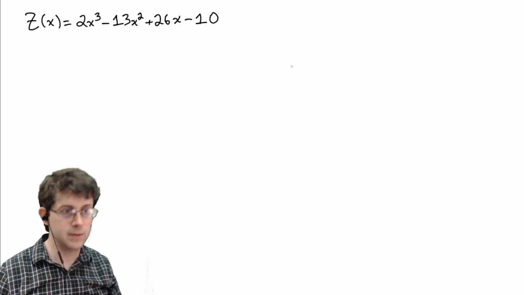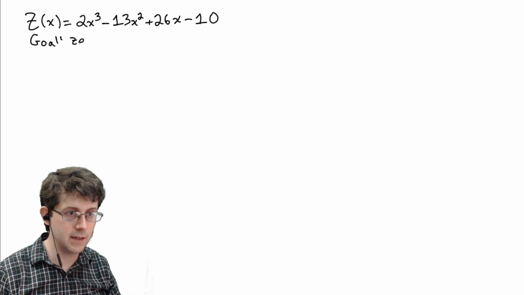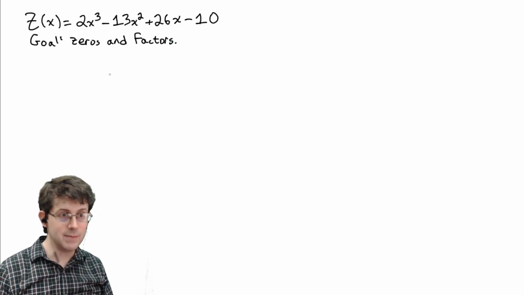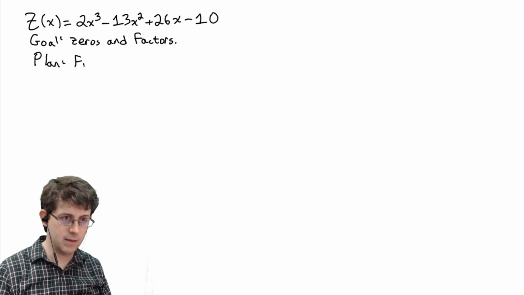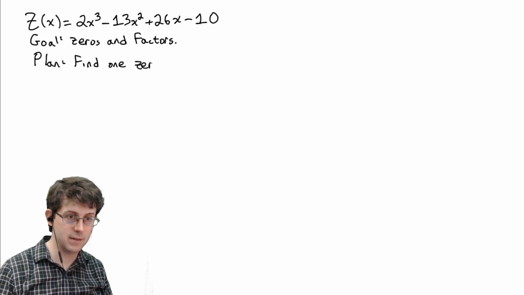So let's again say that the goal is the zeros and the factors. Again, my setup is the same. I'm hoping to find one zero somehow, and if I'm lucky, I'll find all the zeros.